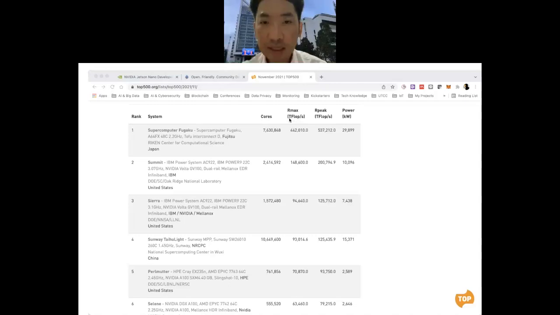It means that 1 teraflop is 1 trillion floating point operations per second. And here, row number 1 is 442,000 teraflops. It is very good.